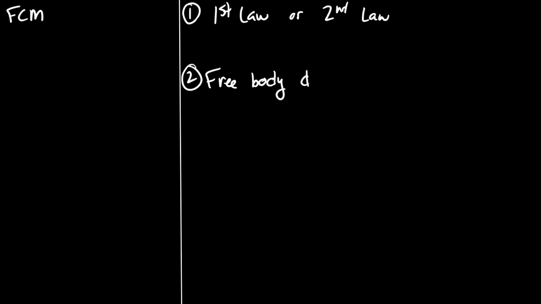And although I'm numbering them, I hate the fact that I'm going to be numbering all sorts of stuff today. But first, you make your choice. Is it a first law or second law problem? The next thing you're going to have to do, and this part's tough and probably the hardest part in the beginning, is you have to draw a free body diagram. We'll spend most of our time today drawing a free body diagram.